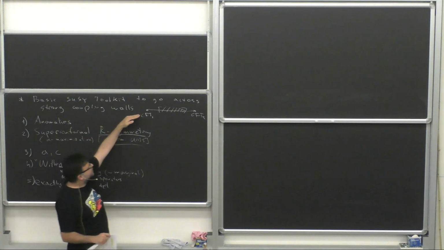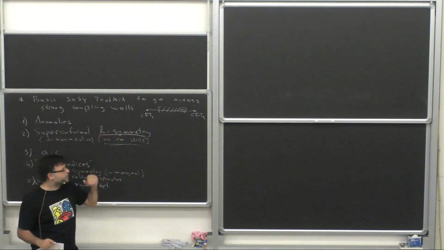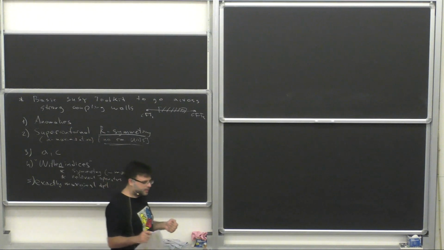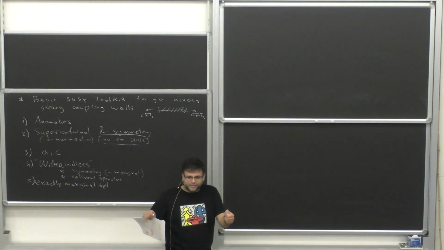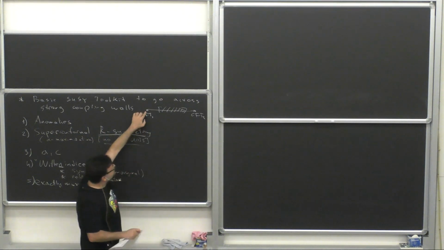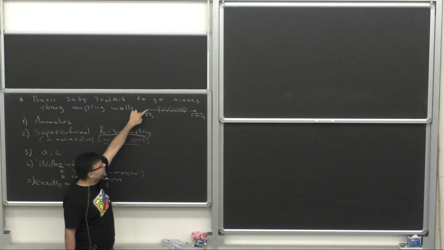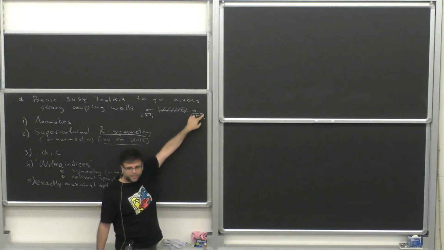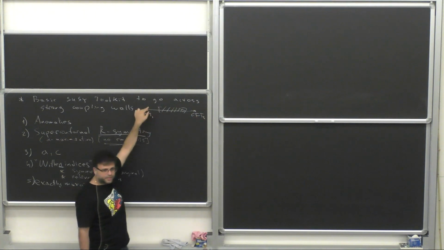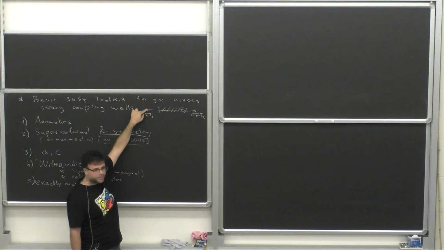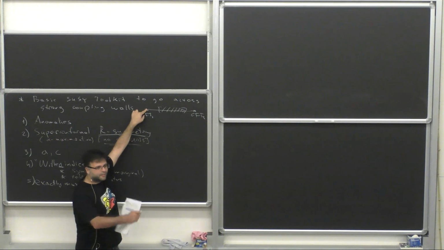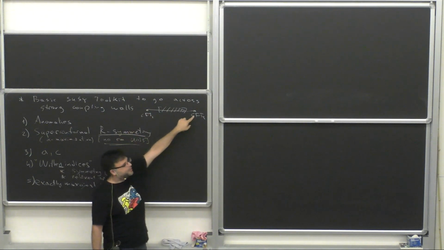A way to think about exactly marginal operators or couplings is that they take us between different CFTs. In a very precise sense, when we have a relevant deformation, we turn it on, and in this language of looking just at the CFT endpoints, we kind of discretely jump to another CFT. We start with a CFT, we turn on a relevant deformation, the flow happens, and then we end up with another CFT.